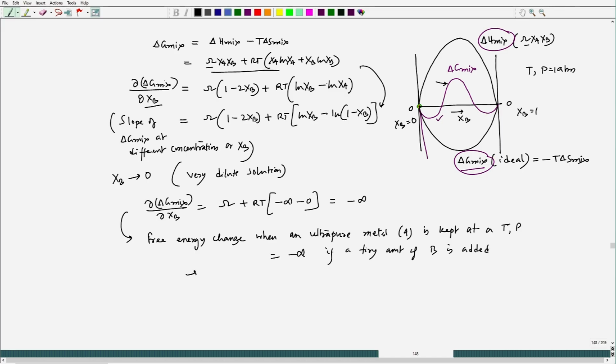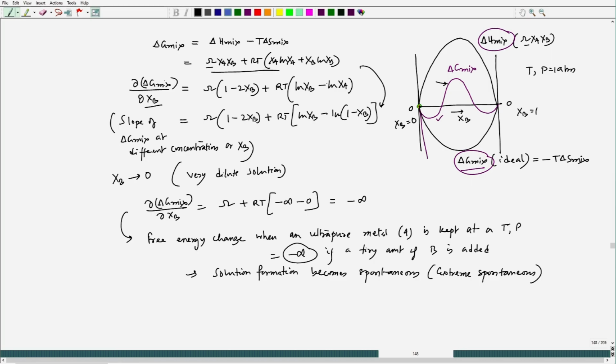So, that means the solution formation becomes spontaneous. In fact, not only spontaneous, it's extreme spontaneity, because the free energy change is negative infinity. Fine.